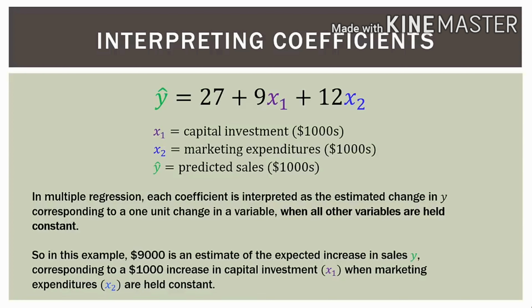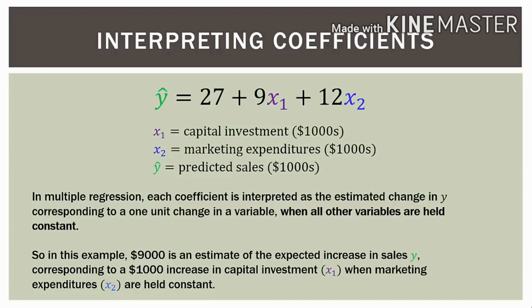Look at the coefficient with our x1 variable up there. It is 9. So if we increase x1 by 1, we have 9 times 1, that's 9 times $1,000, so that's $9,000, assuming we hold the x2 over here on the right constant.